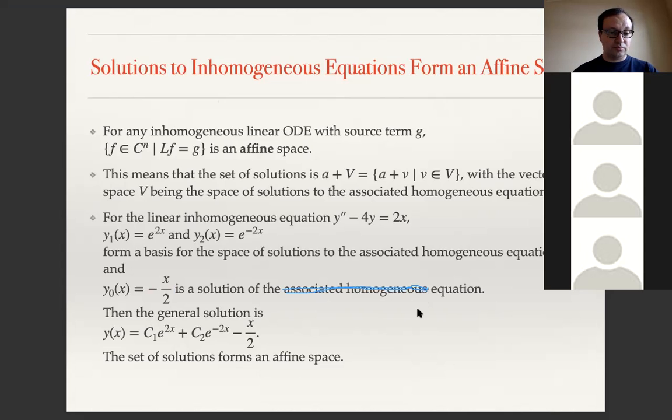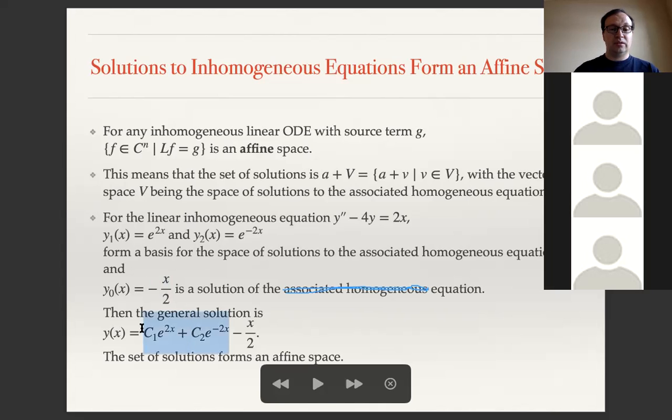So then, as I said, a couple of lines higher here, every solution can be written as the sum of an individual solution of the equation and an element of this vector space, which is the vector space of solutions of the associated homogeneous equation.